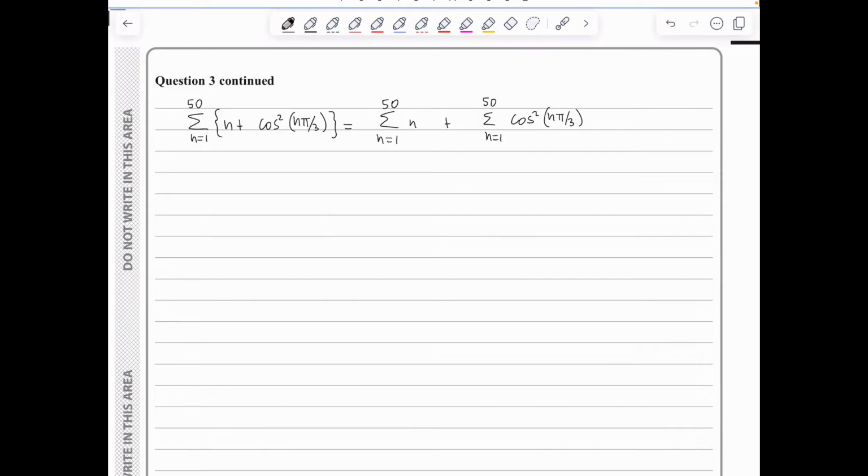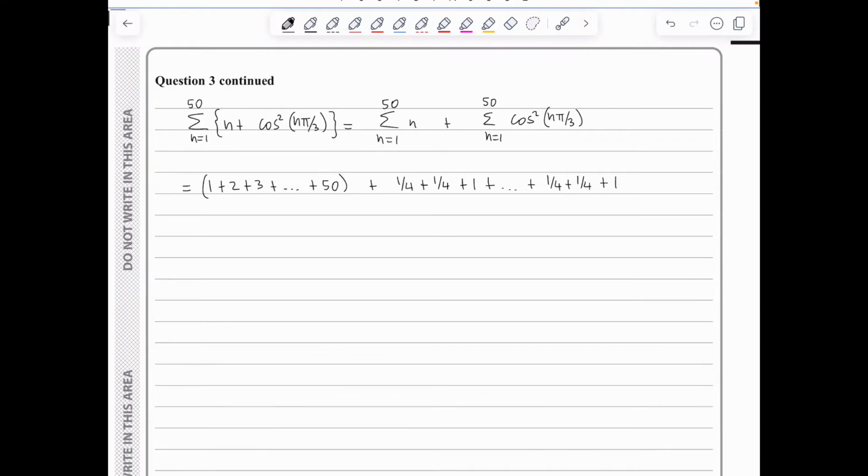So if we write out the first few terms of each summation just to see what's happening, we get for the first one 1 plus 2 plus 3 plus dot dot dot up to 50. And then for the summation of cos squared n pi over 3, we have already established that it is periodic with order 3. So I'll be seeing a quarter plus 1, and this will be repeated, so dot dot dot, and then a quarter plus 1.